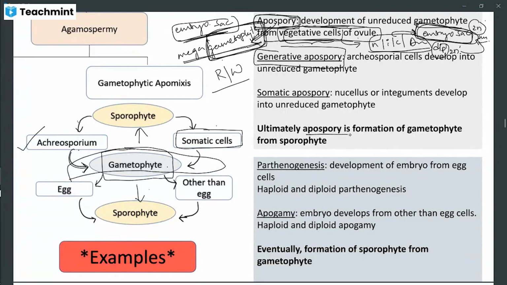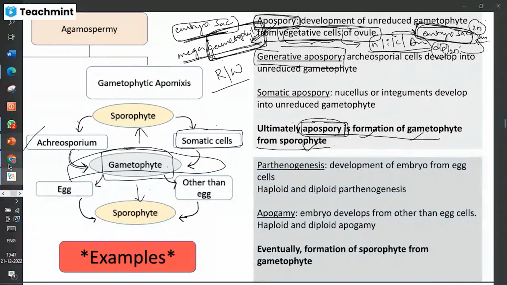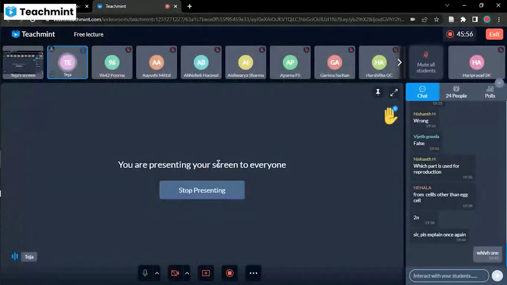So apospory is the formation of the gametophyte from sporophyte. This is a direct question in one of the JRF papers: formation of gametophyte from sporophyte, the mechanism underlying is apospory. Is apospory clear to everyone? If you have any doubts, you can just ask me.